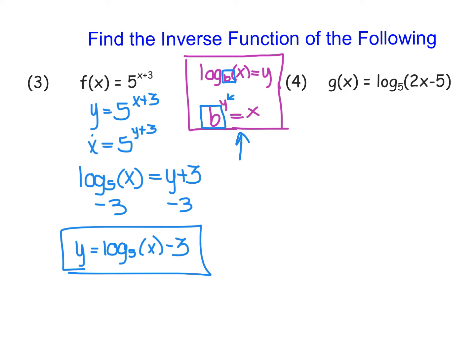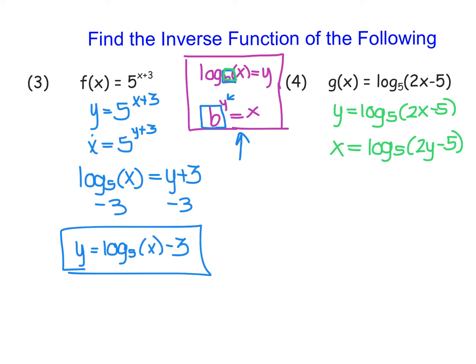Finally, let's take a look at this 4th one. So here we can see that we have a logarithm. So I'm going to start off by writing y equals log of base 5 of 2x minus 5, and then I'm going to switch my x and y. So I have x equals log base 5 of 2y minus 5. So from here, I'm going to rewrite my logarithm into an exponential.